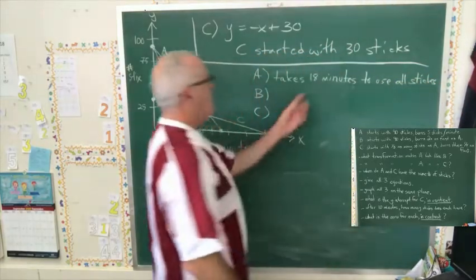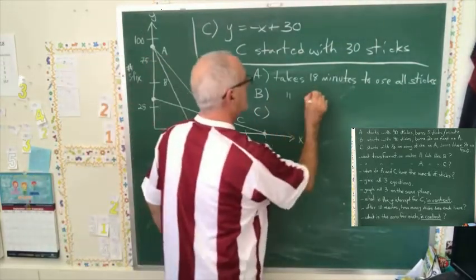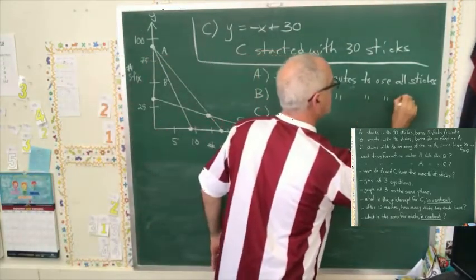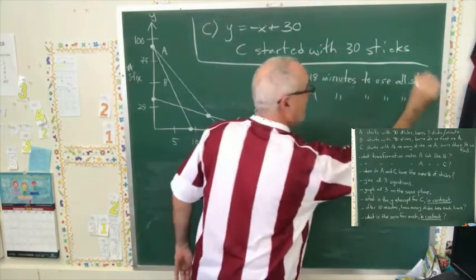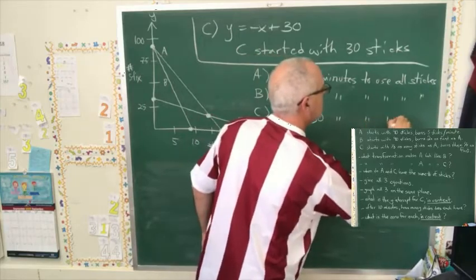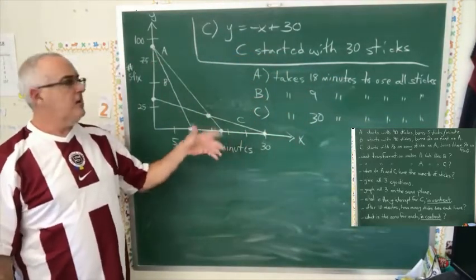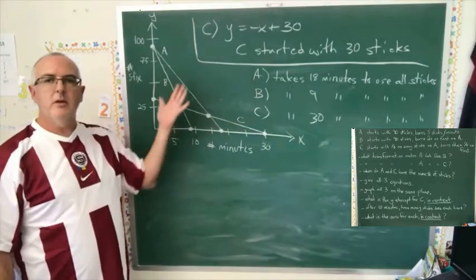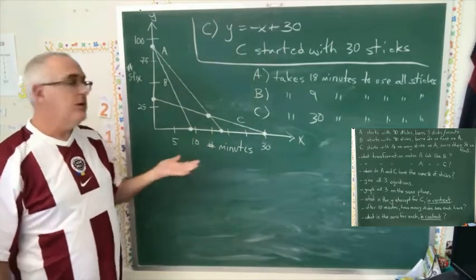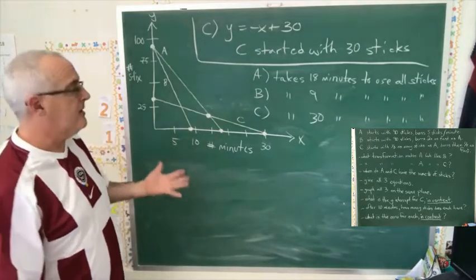That's the 0, 18, in the context of the situation. B takes 9 minutes to use all sticks. C takes 30 minutes to use all sticks. Not so hard to answer a question about a y-intercept or a slope in the context of the situation, or in this case, a 0. The 0 is just the x-intercept. It's just another word for x-intercept.